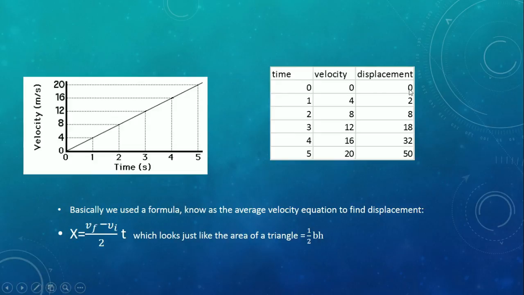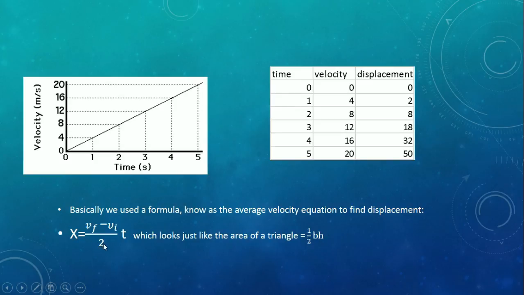Notice how they're just what I said. We calculated it using area, but one of our kinematics equations is pretty much just like what we did. Displacement equals final velocity minus initial velocity, divided by 2, times time, which looks like the area of a triangle, 1/2 base times height.